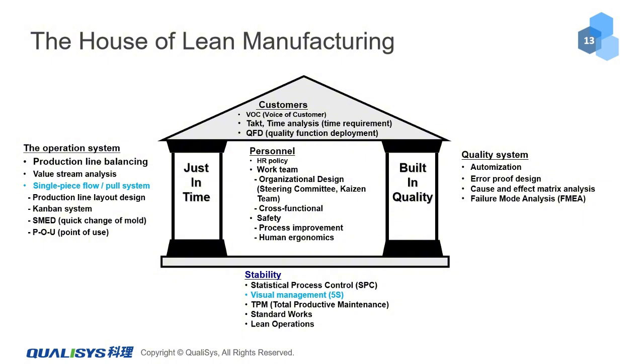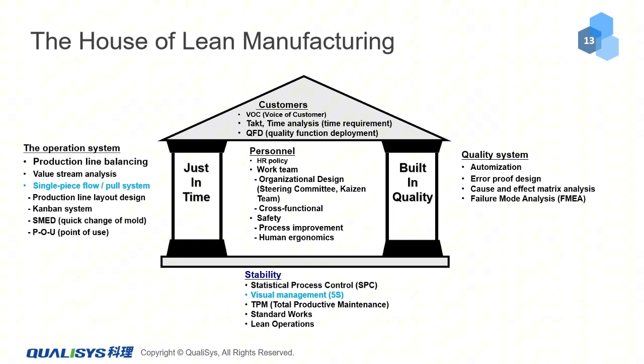And to achieve building quality, we may have automation, error-proof design, cause and effect matrix analysis, failure mode analysis, and so on. We have all these tools to improve quality. So you have efficiency, you have quality. Of course, you have a foundation.